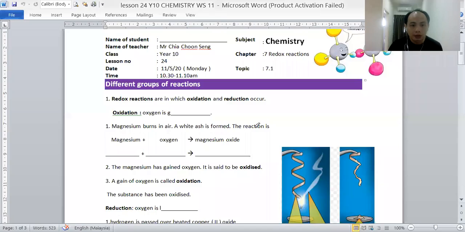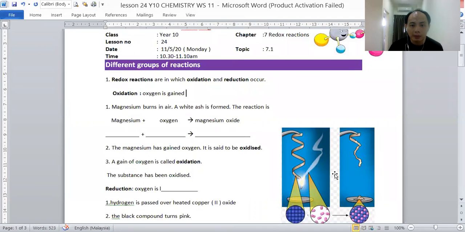Okay, go to the worksheet again. So oxidation means oxygen is gained. Magnesium burn in air. We have done this experiment in the past. When you burn magnesium ribbon, white ash is formed. The white ash is actually magnesium oxide.